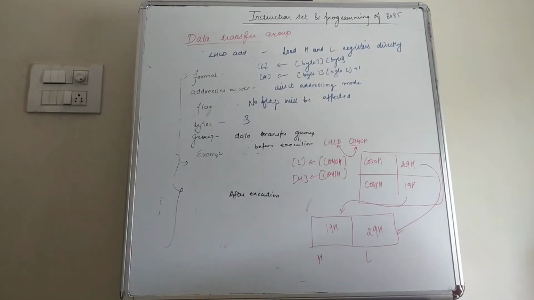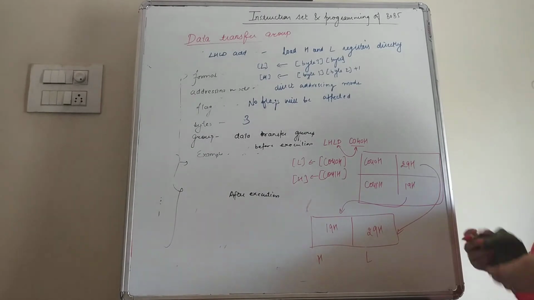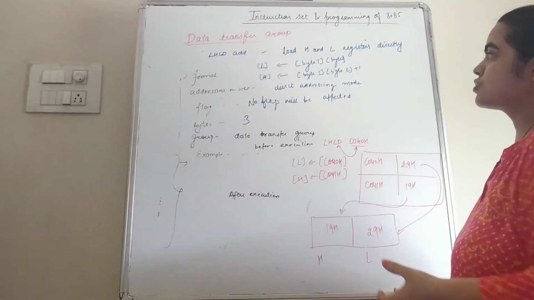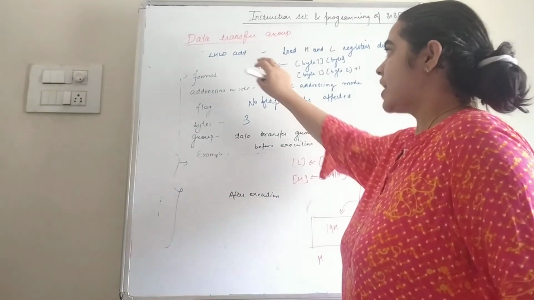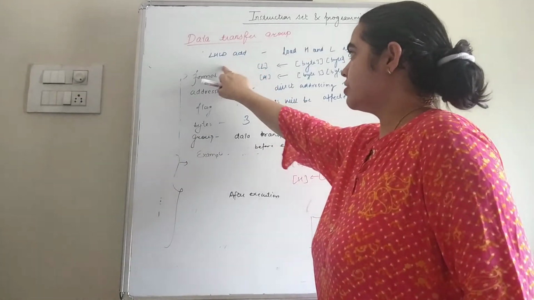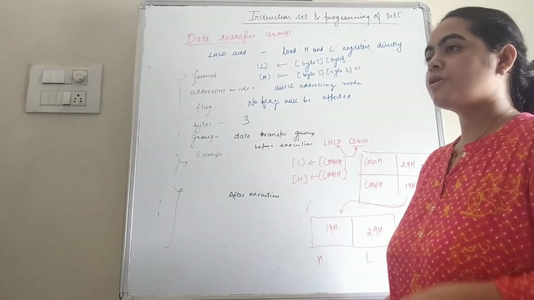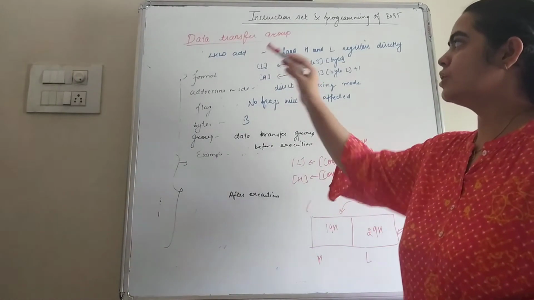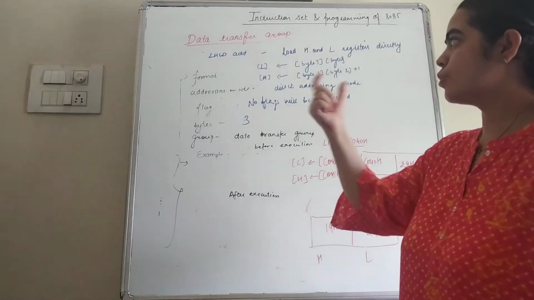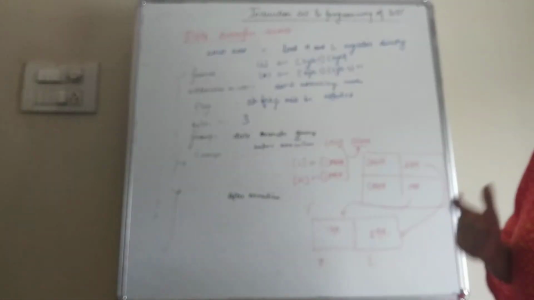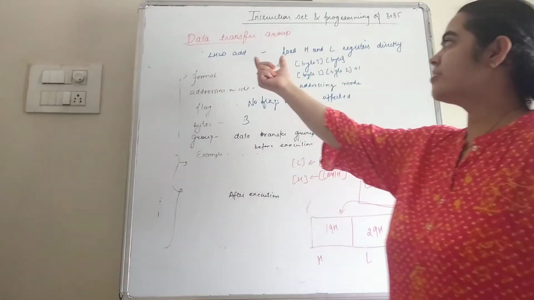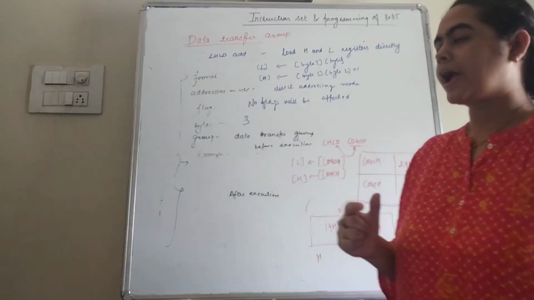So this is LHLD. That means the contents of the memory location that is specified in the instruction will be loaded into the L register, while the contents of the next memory location will be loaded into the H register. Both the registers can only store 8 bits of data, and this address can only hold 8 bits of data.